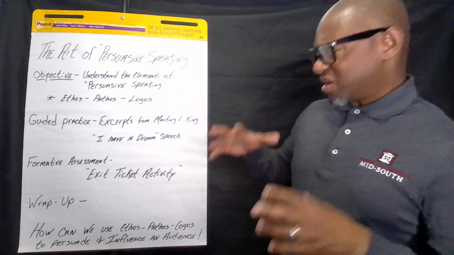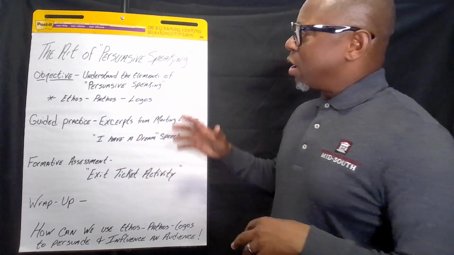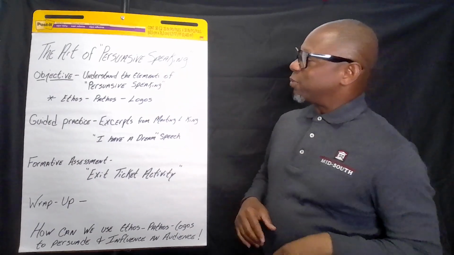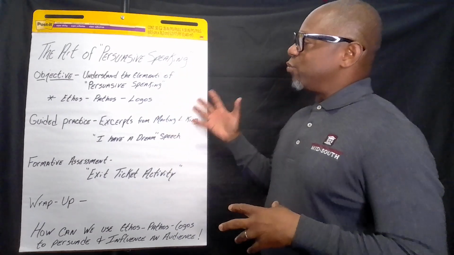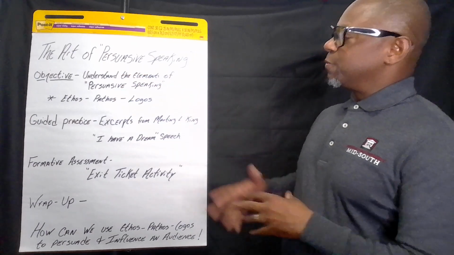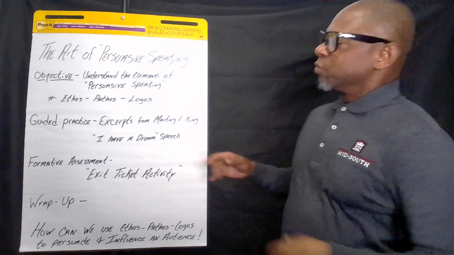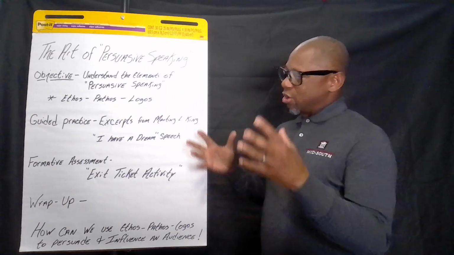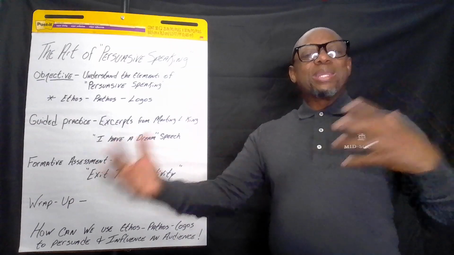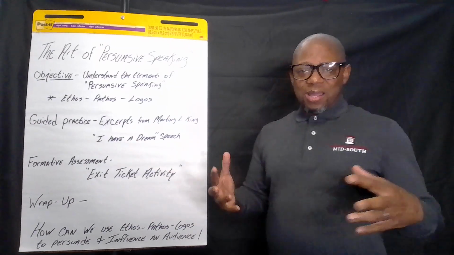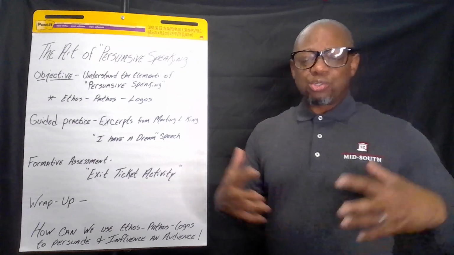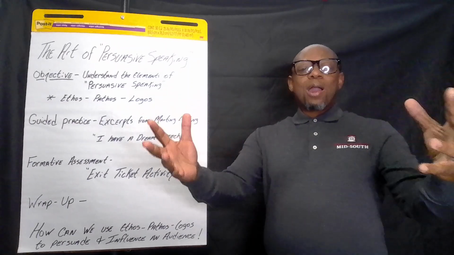Again, just to wrap things up, our topic for today was the art of persuasive speaking, and our objective was understanding the elements of persuasive speaking. We talked about ethos, pathos and logos, and how ethos created credibility, and we just use our personal experiences to create credibility for our audience.